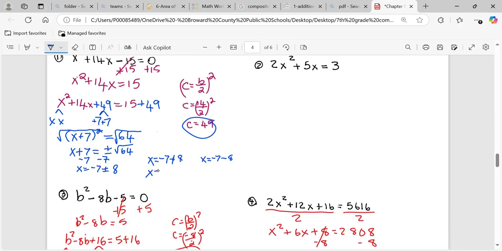So x is equal to 1, and x is equal to negative 7 minus 8, which is negative 15. That tells me again there are two solutions, two options to this quadratic.